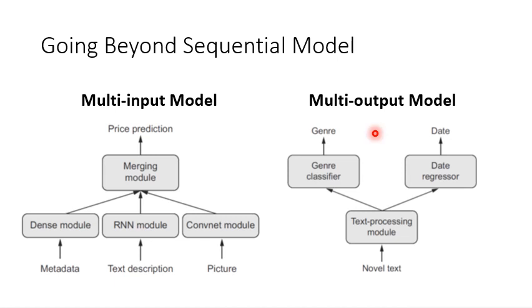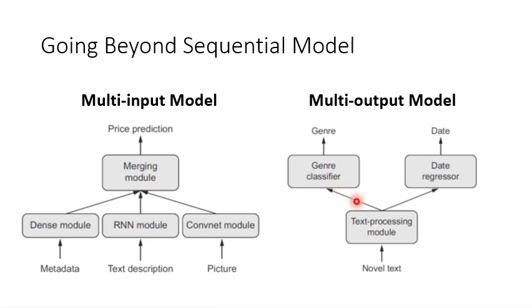The second example is the multi-output model. We can use a single input to predict different information. For example, we can use the content of a novel, and use an LSTM or other text processing module to convert the input into vectors, and then use the vectors to classify the genre.